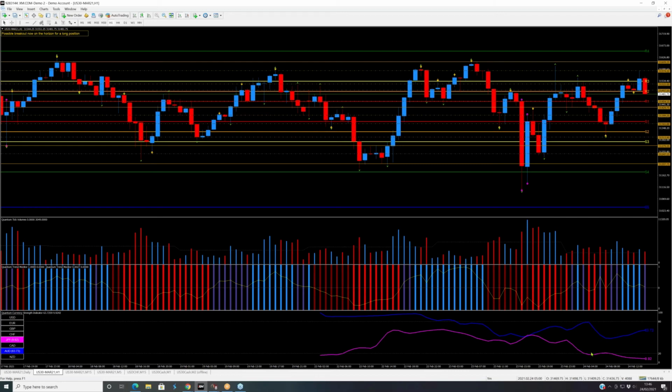This is actually the Aussie yen. What's happening on the Aussie yen as represented by these lines. This is the Aussie and this is the yen. Now, one of the things you need to be aware of is there are currencies that are proxies for risk. So if the market is in risk off, certain currencies will be bought.